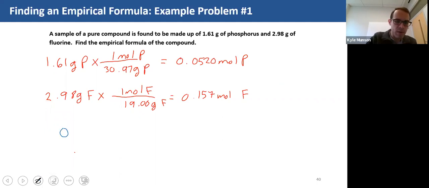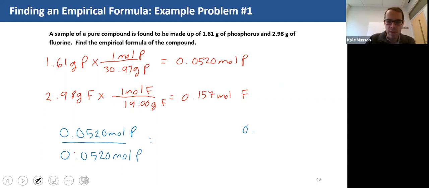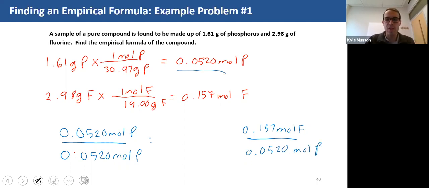To find the ratio, I'm going to do 0.0520 moles phosphorus divided by 0.0520 moles of phosphorus, and then 0.157 moles of fluorine divided by 0.0520 moles of phosphorus. Again, this is the smallest number between the two, so you divide everything by that number.